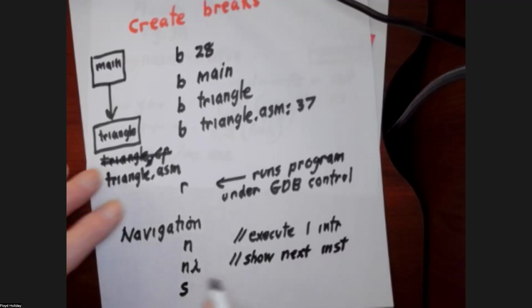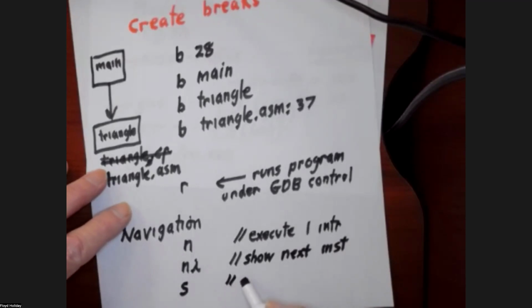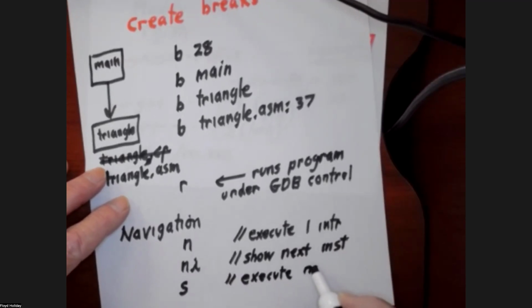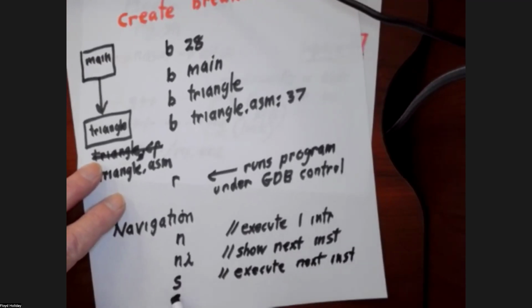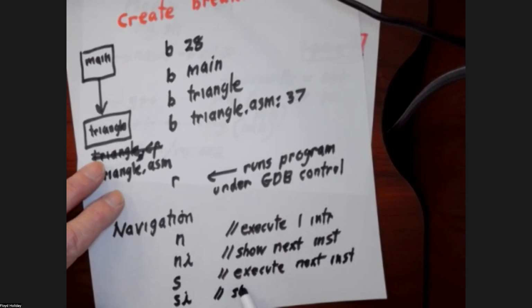S, N is for next. S is for step. Execute one instruction. And you'll say, why are there S and N? They look the same. NI is show next instruction.